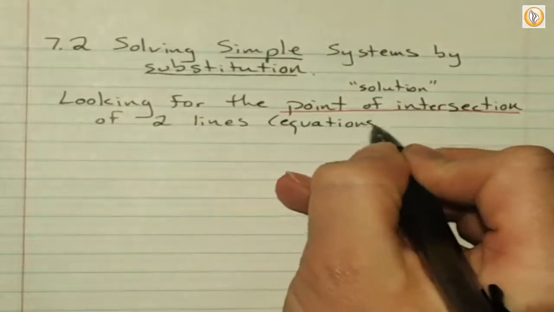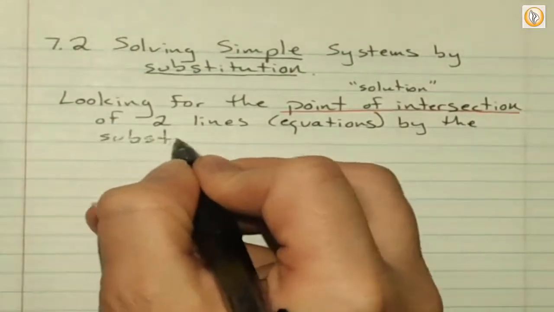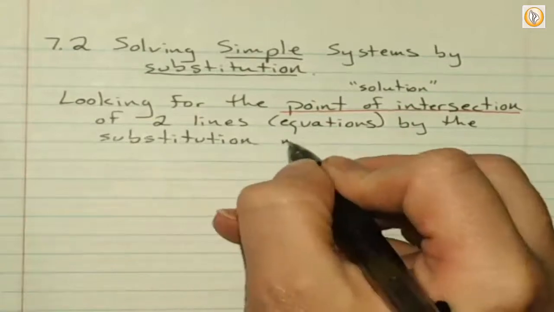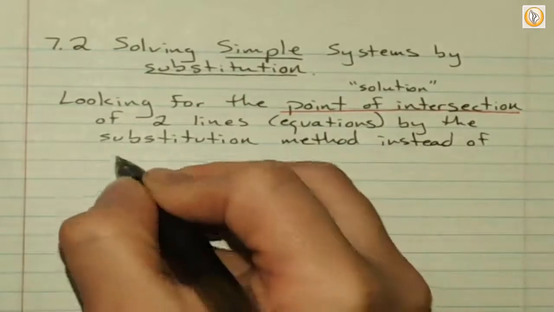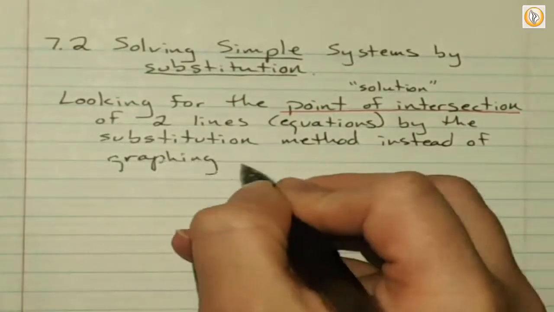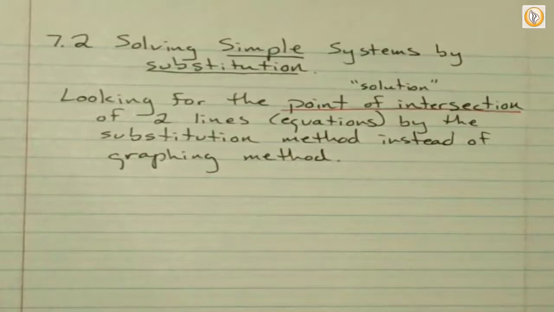So we're doing two equations by the substitution method instead of graphing. We're looking for that ordered pair where the two lines cross, but instead of graphing it, you're going to do substitution method.